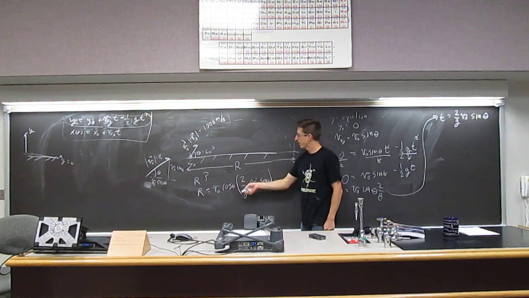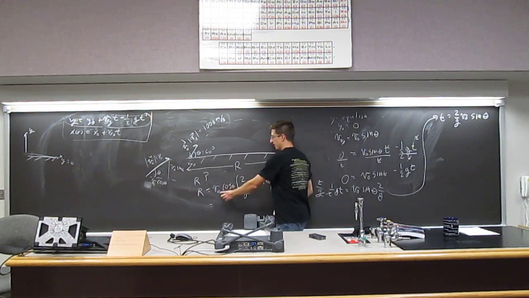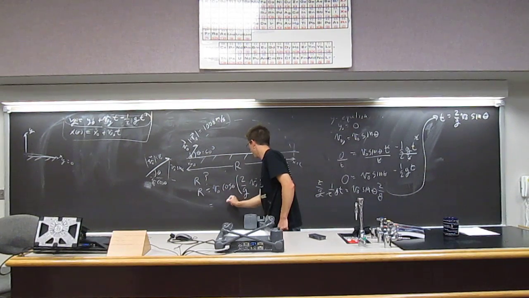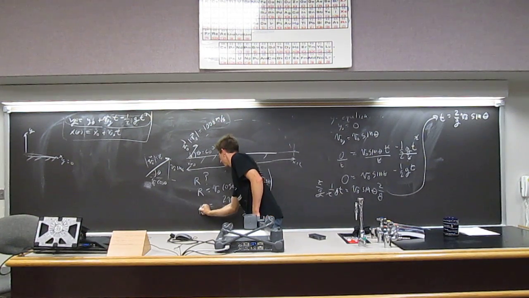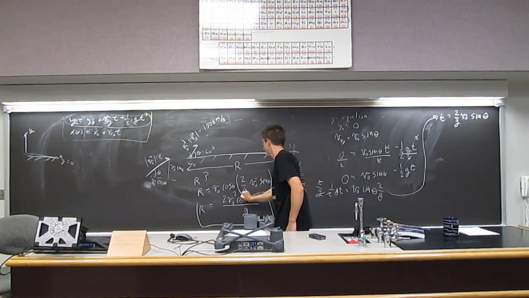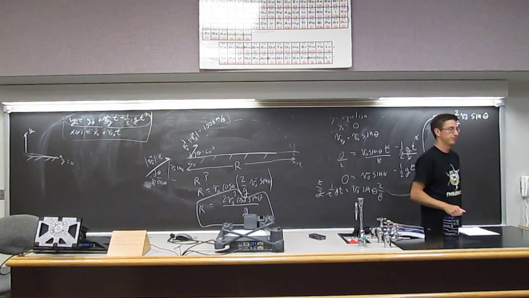So then I need to combine these things. This v naught times this v naught gives me a v naught squared, 2 here, so I get 2 v naught squared cosine theta sine theta all over g. And that's my formula for range when I fire at some angle from ground level.